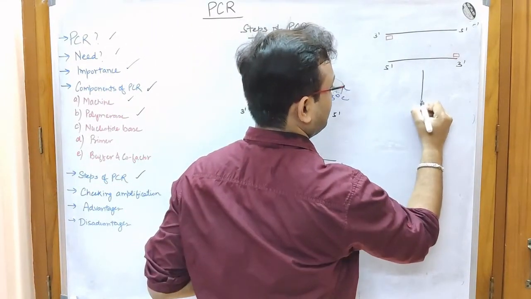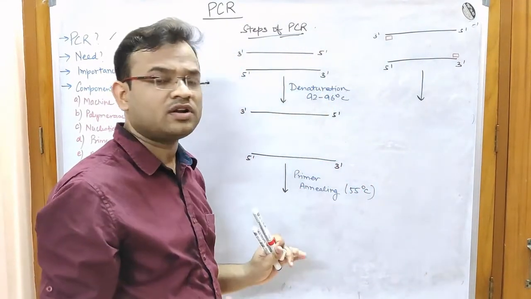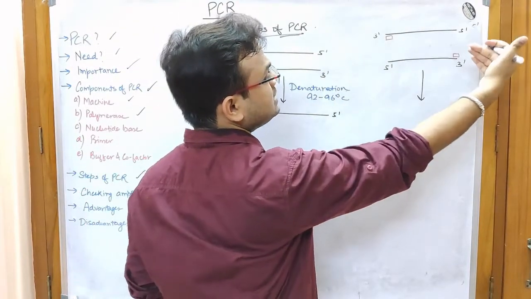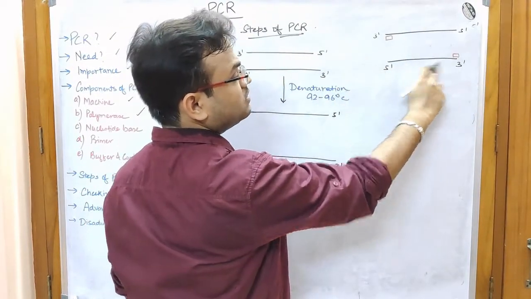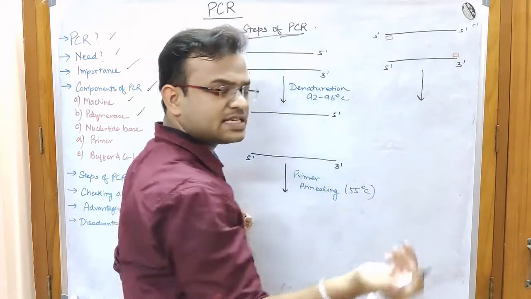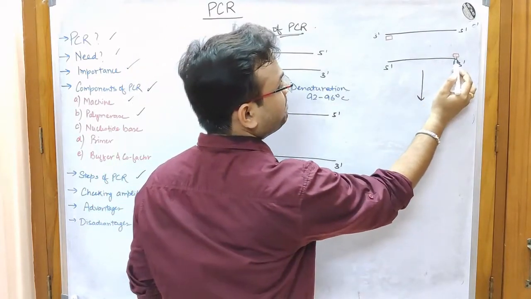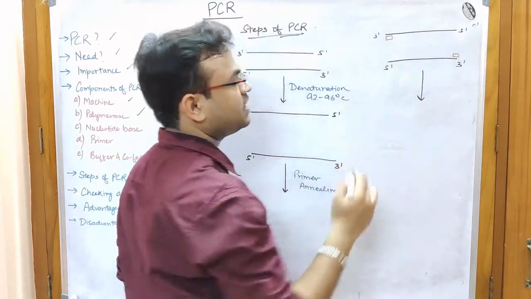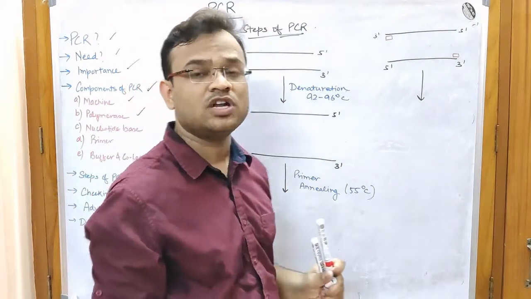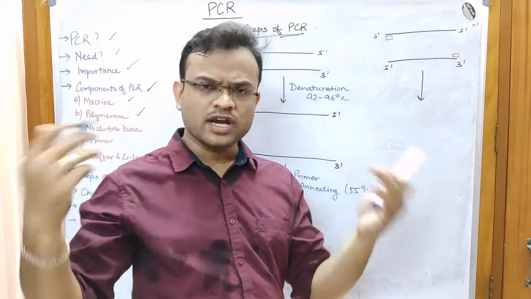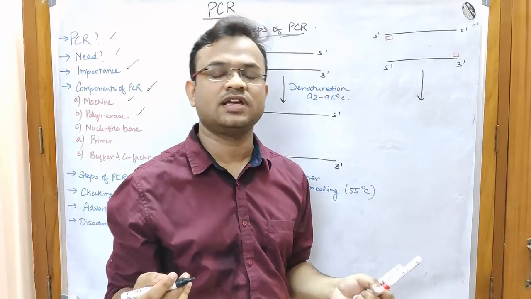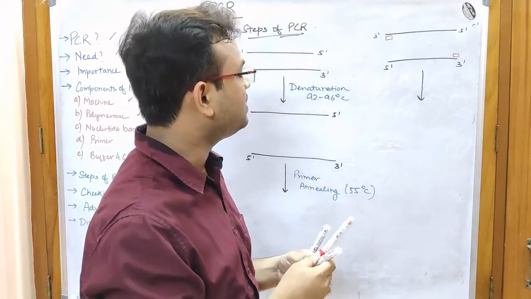Now again we want to elongate these. We want the extension of this primer in this direction and in this direction. So you know that DNA polymerase has a polymerase activity in the 5' to 3' direction.